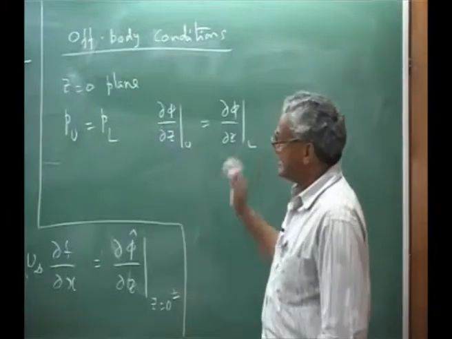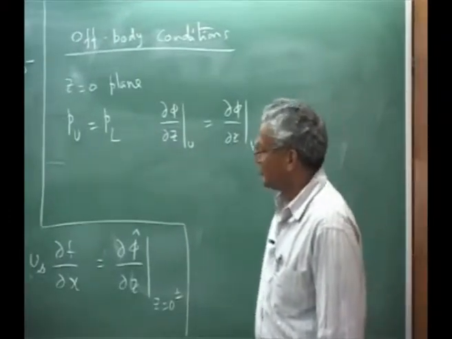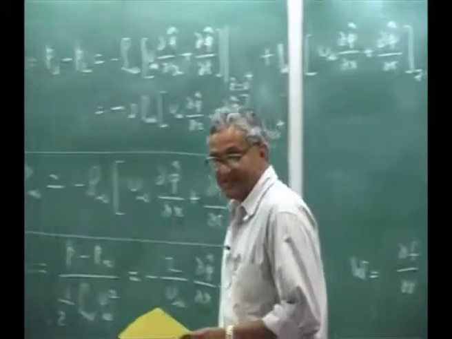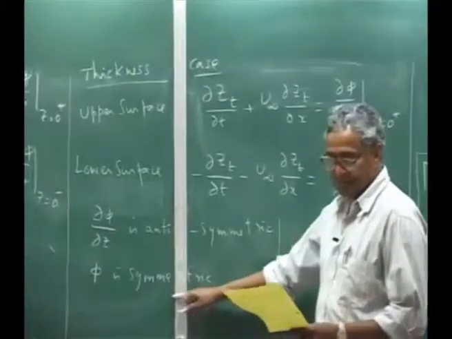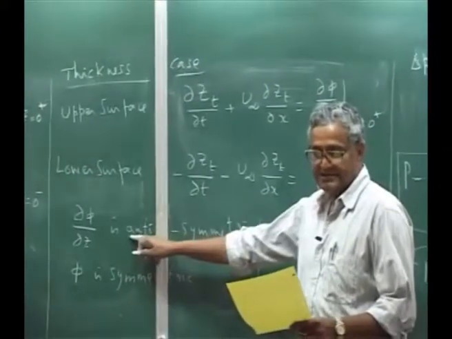Now, if you take this condition and look at it from here, thickness case, what does it say? Delta phi by delta z is antisymmetric.